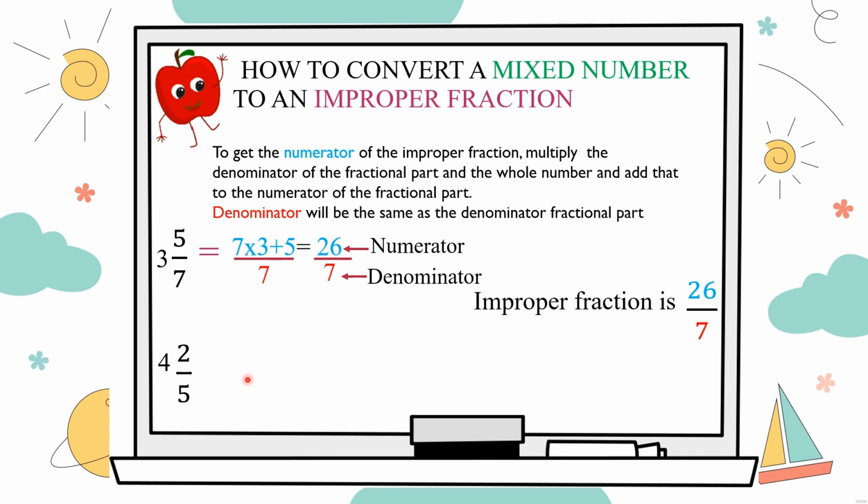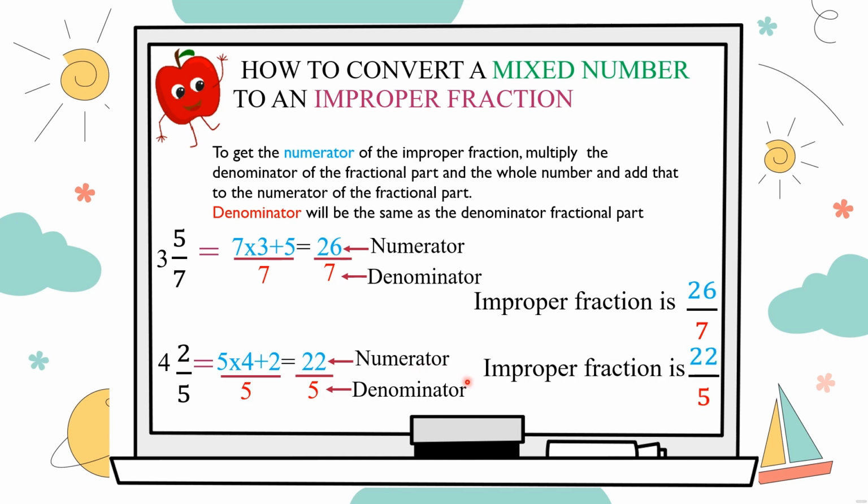Now take another example, 4 2 by 5. So here the denominator is 5. So first you write the denominator and later you multiply 5 times 4 plus 2, that will give you 22, and 22 is the numerator. So the improper fraction is 22 by 5.